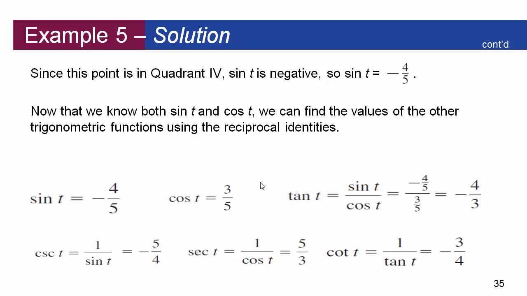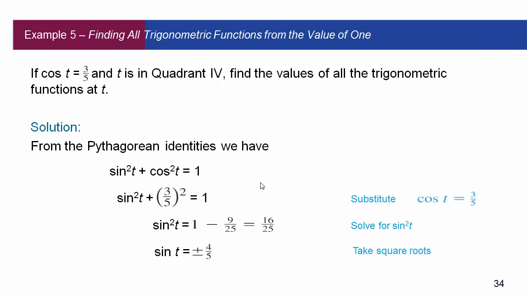Now there's something that we're going to learn in another video, right triangle trigonometry, where we don't even have to use this Pythagorean identity to figure these things out. Because if we go back to drawing our picture, we're down here in quadrant 4. So there's the origin, there's the x-axis, there's my vertical.